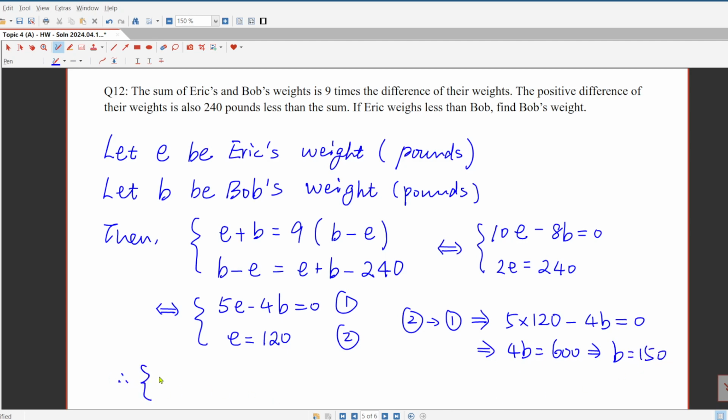Therefore, we know the solution is E equals 120 and B equals 150. And we can make the conclusion. Bob's weight is B, right? 150 pounds. Do not forget to answer the question.